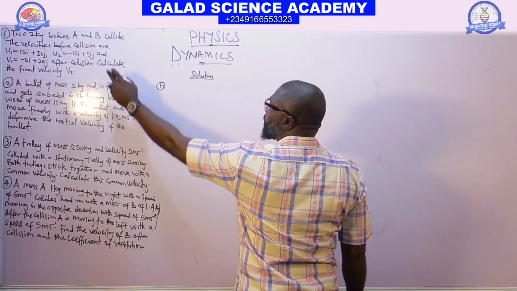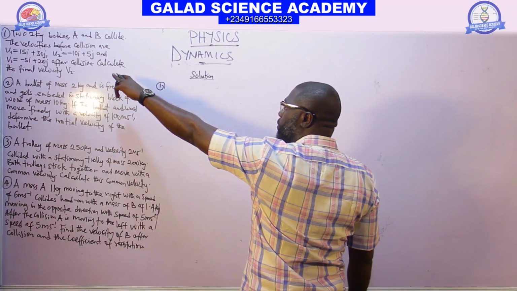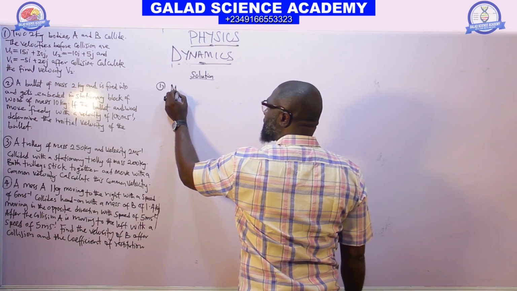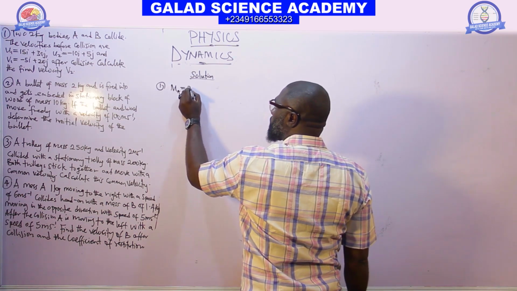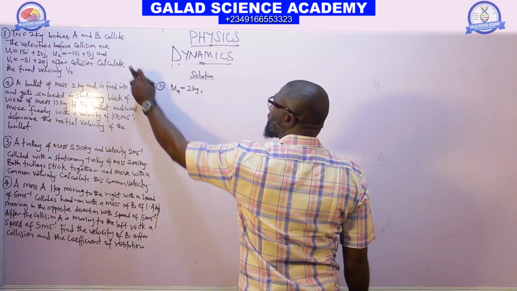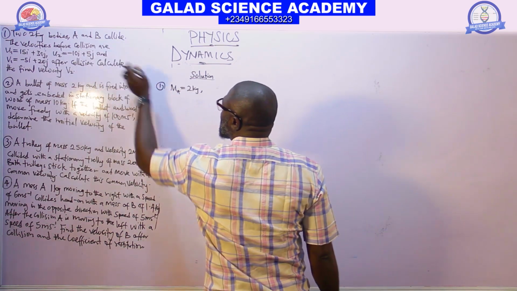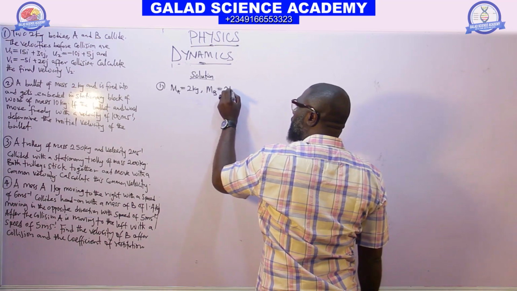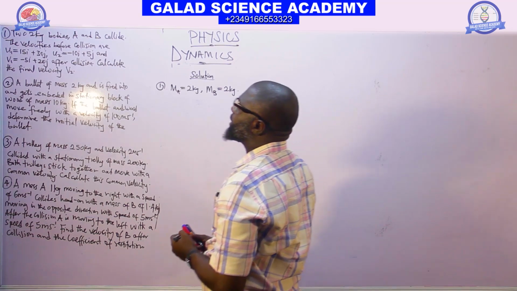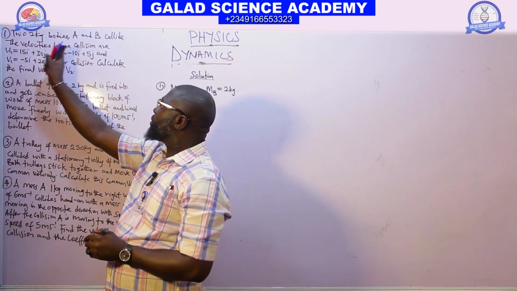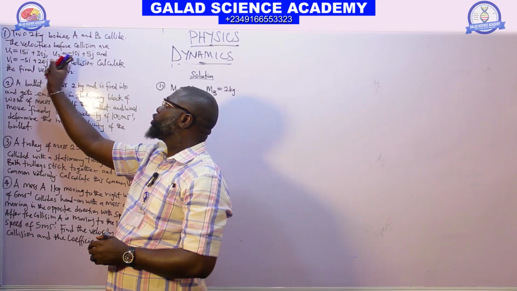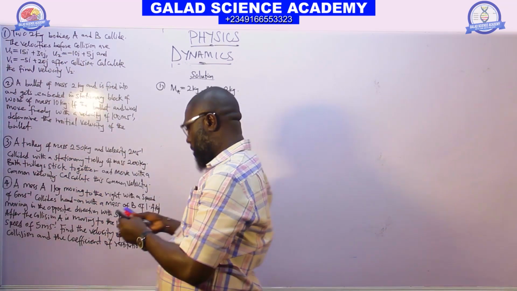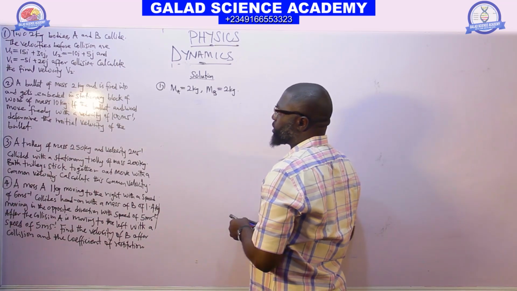Question number 1. You are given 2 masses of 2 kg, that is, mass A is 2 kg, and mass B is also 2 kg. They collide. The velocities before collision are u1, u2, and v1 after collision. Calculate the final velocity.